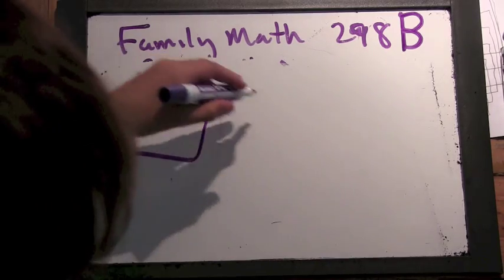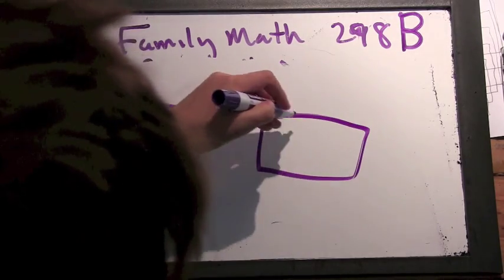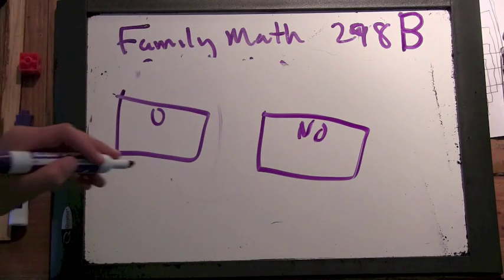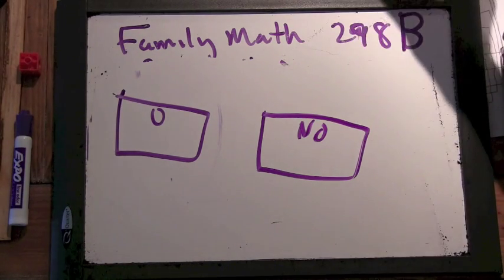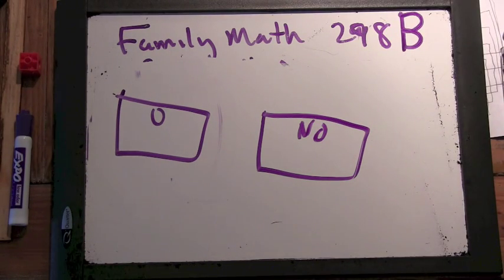We have the oroboric and the non-oroboric. I should check. I'm not a very good speller. Make sure oroboric begins with the letter O. Yeah. Sorry. Alright. You got your boxes.